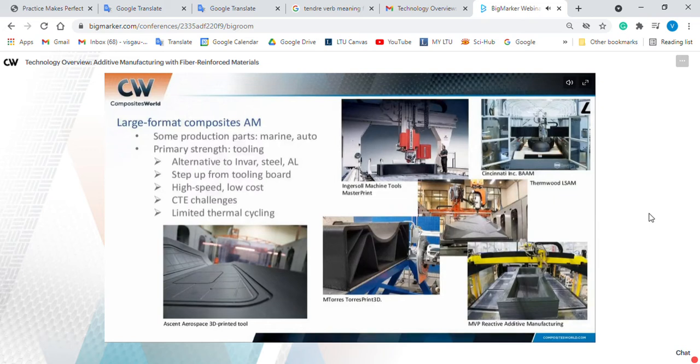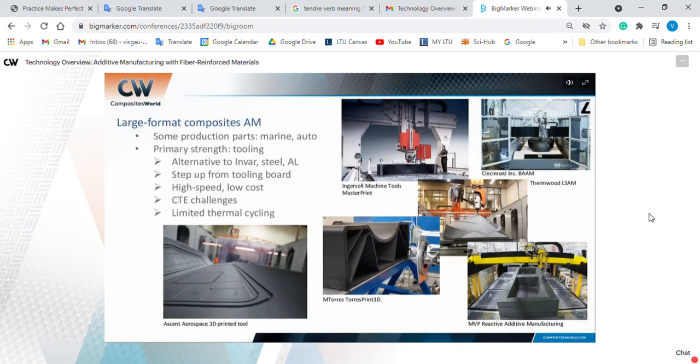So first of all, the fiber loading percentage is typically relatively low compared to traditional composites. Percentage wise, it's probably ranging between 25 and 35%. And second, when the part is first printed, like if you look at this M Taurus photo here in the middle, you can see that as the layers are built up, there's kind of a rippling effect on the side of the part that has to be machined out.